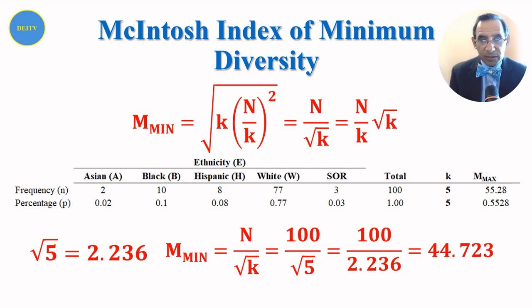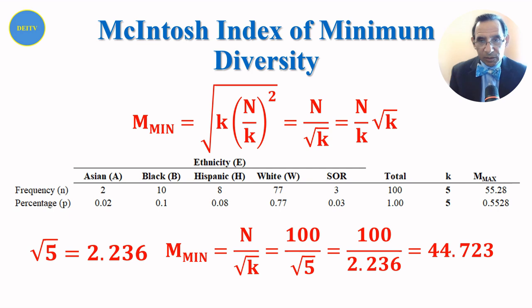Another way of writing that is big N, the total number of individuals in an organization, divided by the square root of the number of categories. Still another way to write that can be big N divided by K times the square root of K. And again, K is the number of categories.